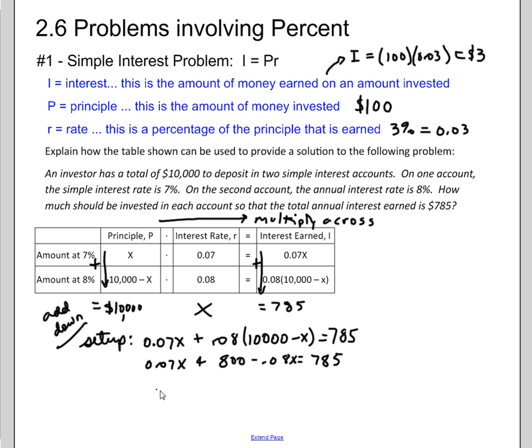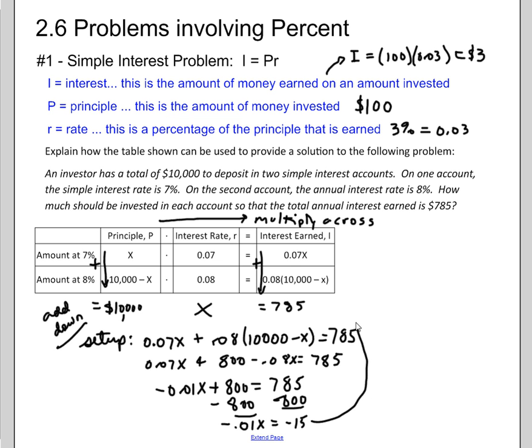That's going to give us negative 0.01x plus 800, which is equal to 785. I'll subtract 800 from both sides. And so I get negative 0.01x is equal to negative 15.